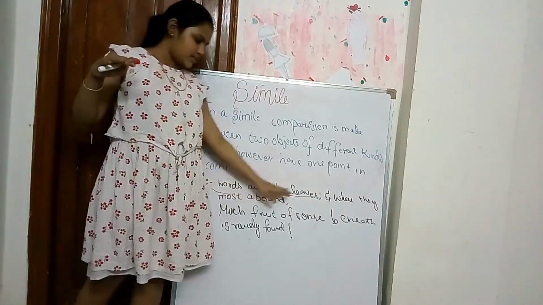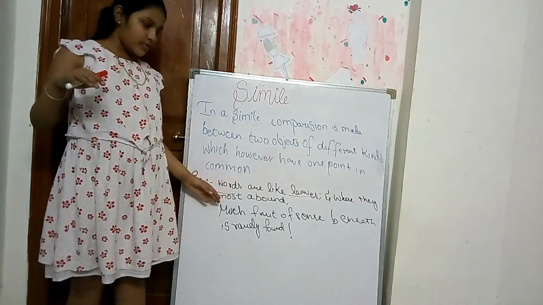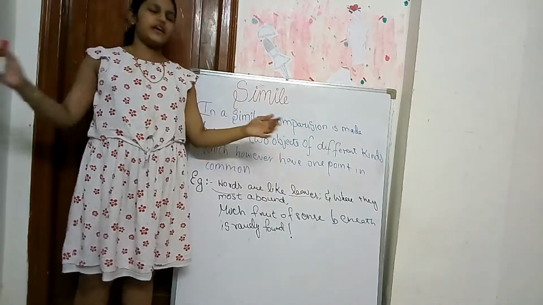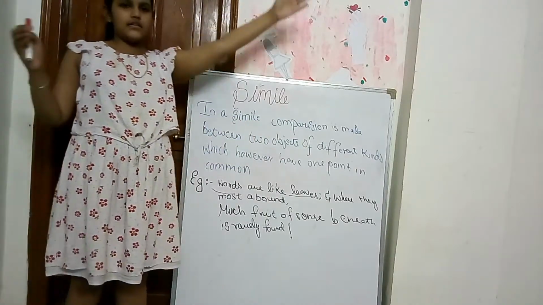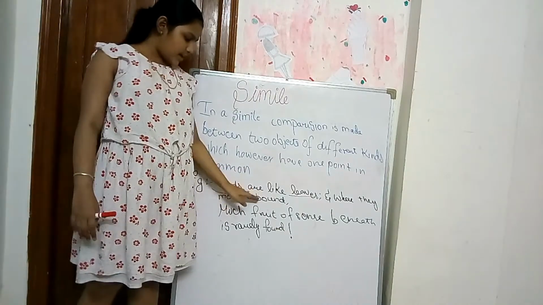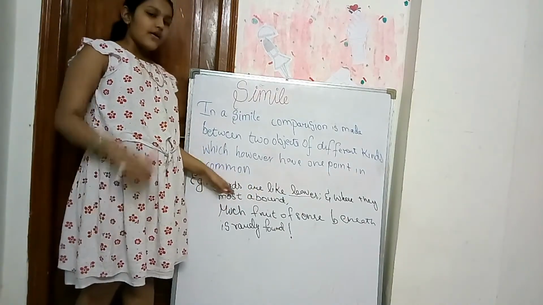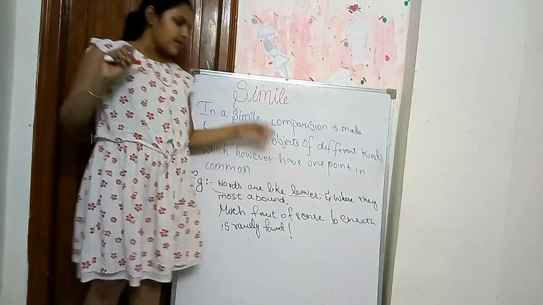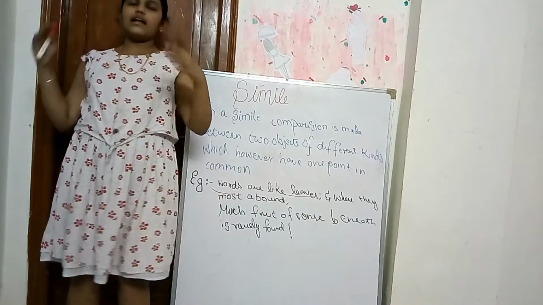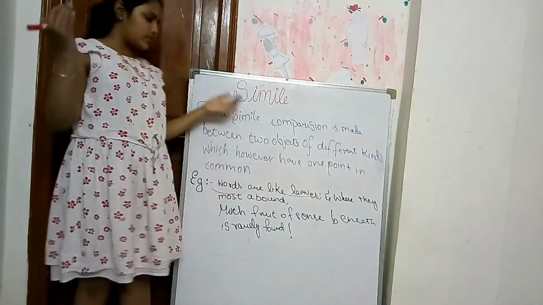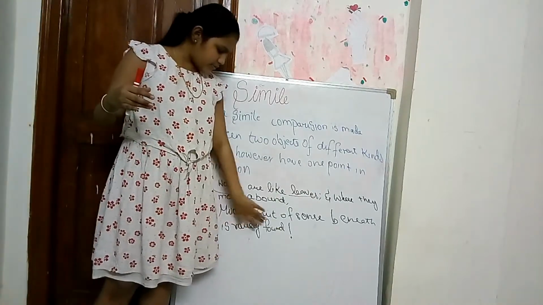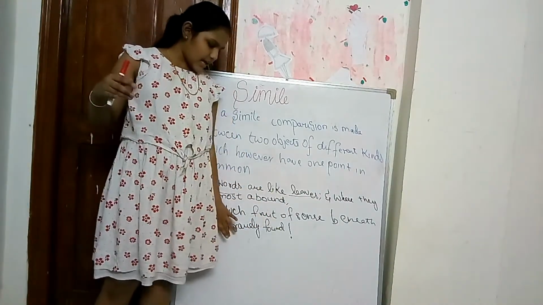Words are from English or another language. Leaves are from trees. It's completely different. But we are comparing and saying that words are like leaves where they most abound. Then we have much fruit of sense beneath is rarely found.